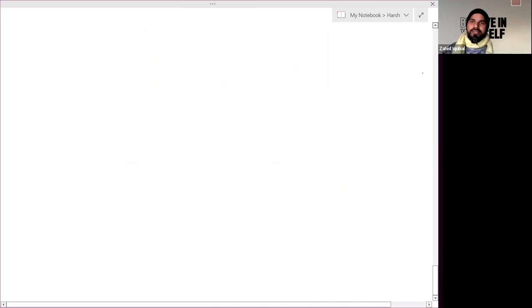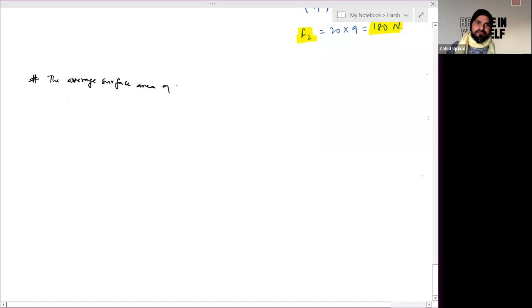Now, there will be some theoretical questions related to this concept, Pascal's law. First is, suppose the average surface area of a human is 1.5 meters squared.